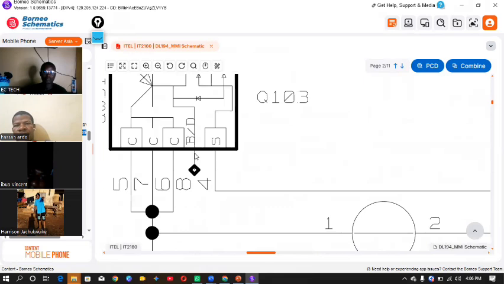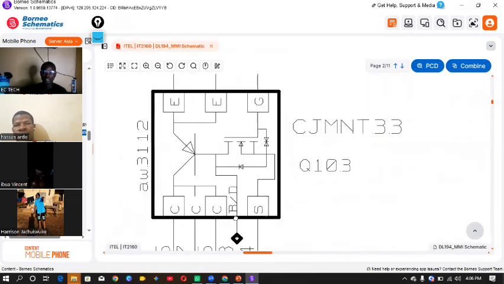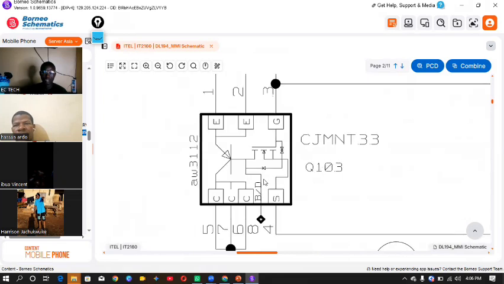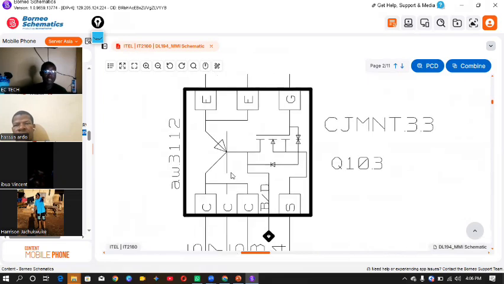Now, look, because this is a MOSFET, or let's say transistor charging IC, it is not a DC to DC IC. We have some charging ICs that do something by themselves.